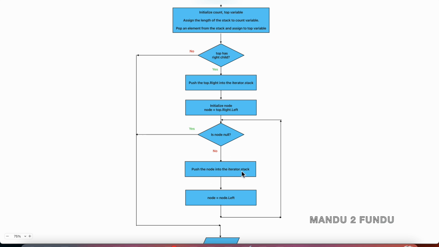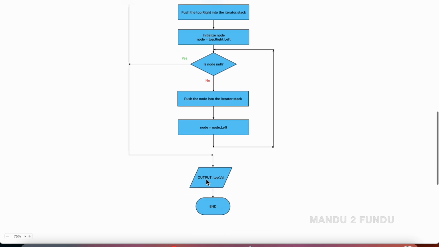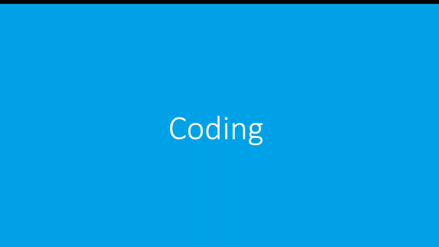Otherwise we push that node into the stack and follow only the left link. Basically we locate the leftmost leaf node in that subtree. And then once we reach that leftmost leaf node, finally we return the value present in the top node. Let's move on to coding.